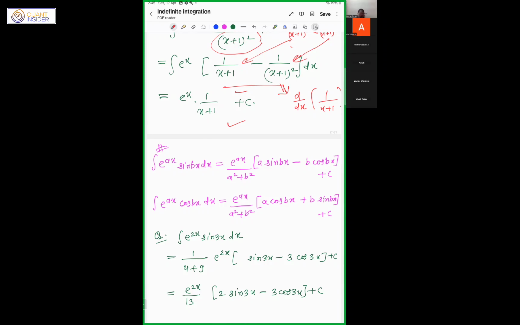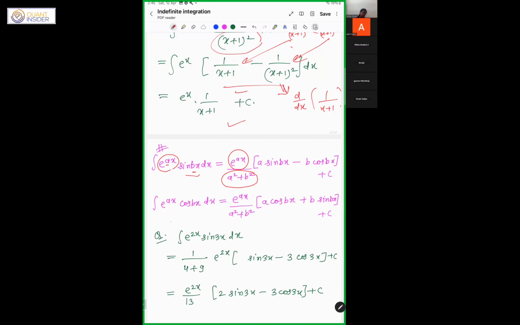In this formula, I'm just going to explain the formulation of these. You can see that you have e to the power ax into sine bx. So e to the power ax is as it is, and here it is a and b inside. In the exponential you have constant a, and in the trigonometric function sine you have constant b. The denominator is a square plus b square.